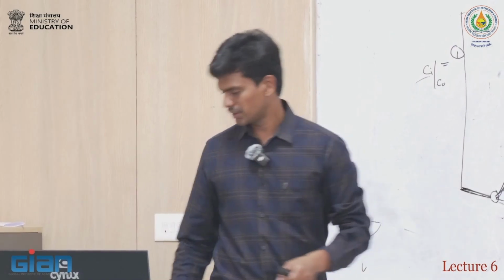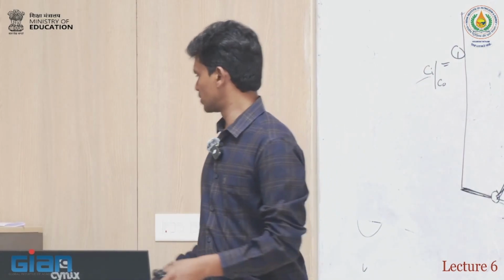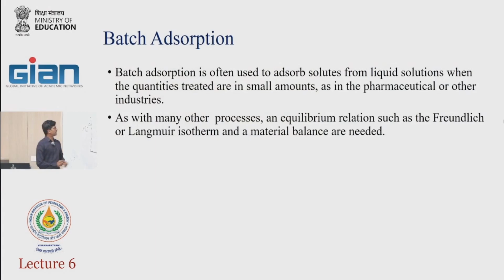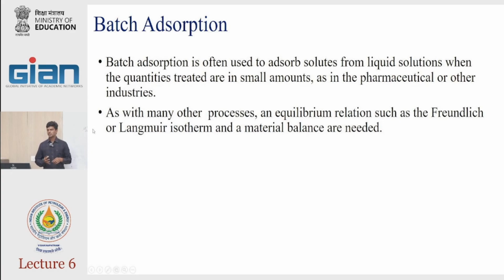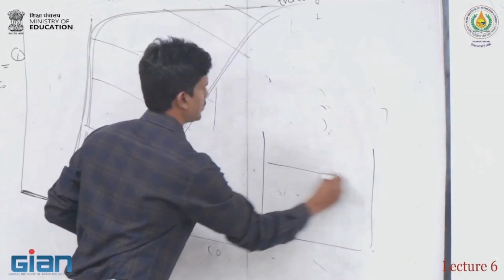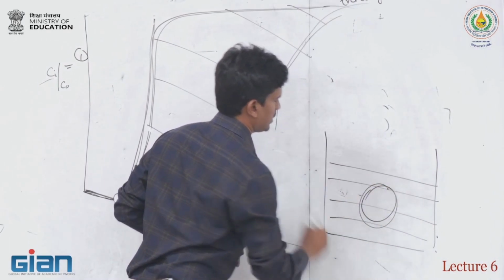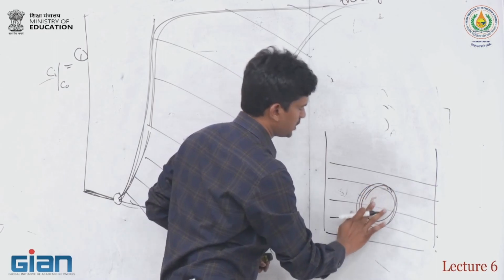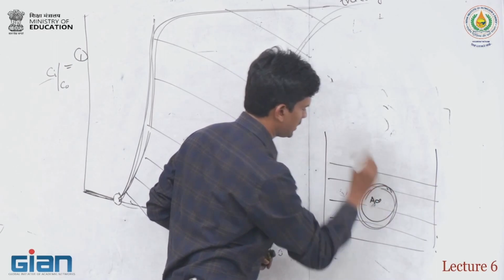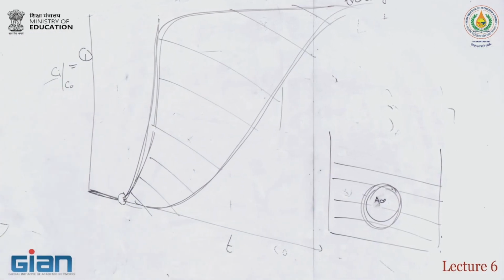So then we go through a batch adsorption process. Usually the batch adsorption process is used when we have small amounts to be adsorbed, especially for liquid solutions. We have a solution, then put an adsorbent into it, and try to analyze the mass transfer.